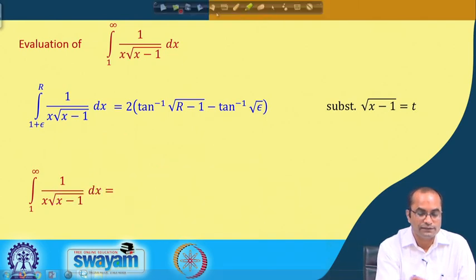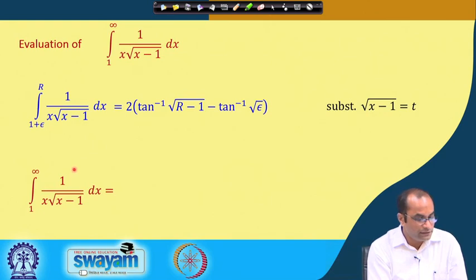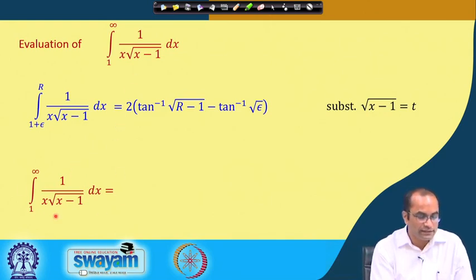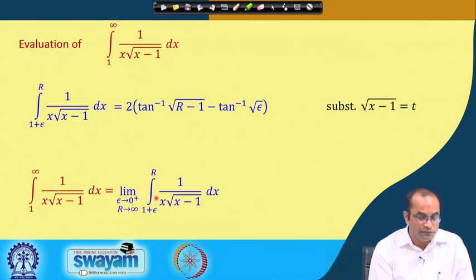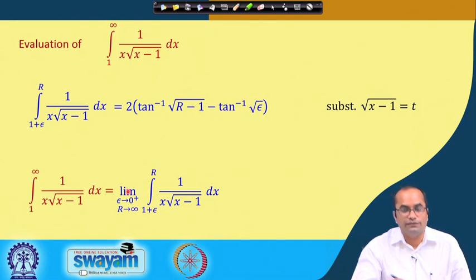With this we can now approach the given integral, the integral from 1 to infinity of 1 over x times the square root of x minus 1 dx, which we will get when we take the limit as epsilon goes to 0 and r goes to infinity. So, in this value we will pass the limit as r approaches infinity and epsilon approaches 0.